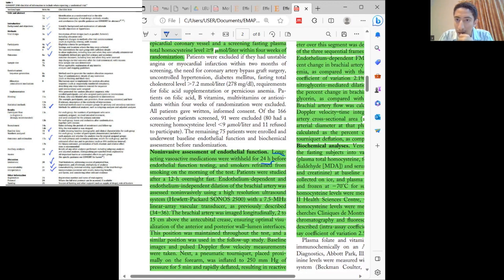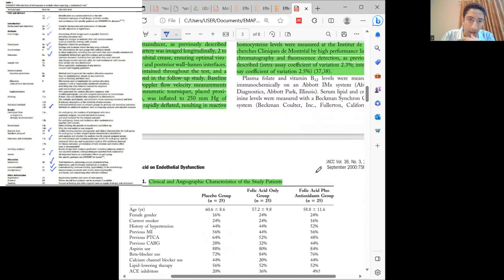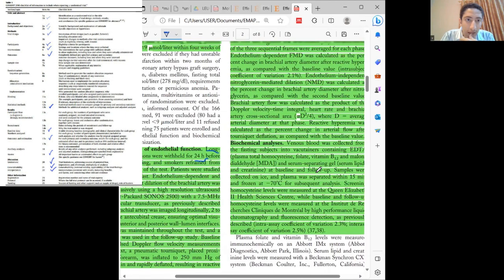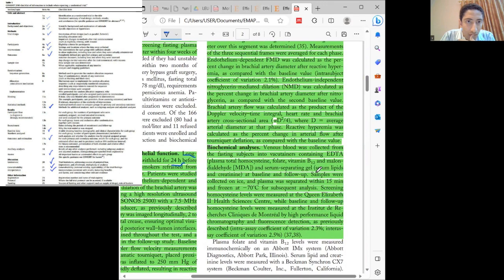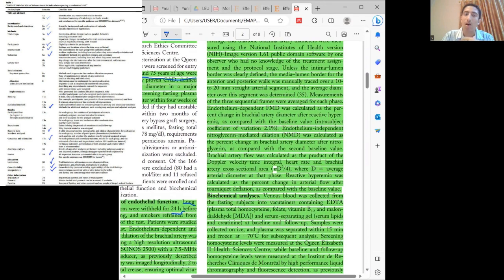Number 6a, completely defined pre-specified primary and secondary outcome measures. So we can find in the checklist... maybe my checklist is wrong.